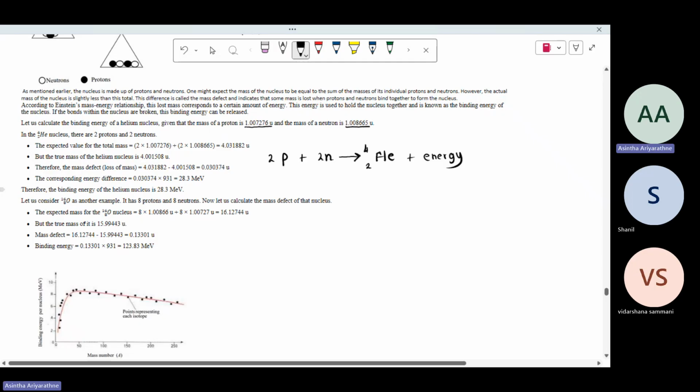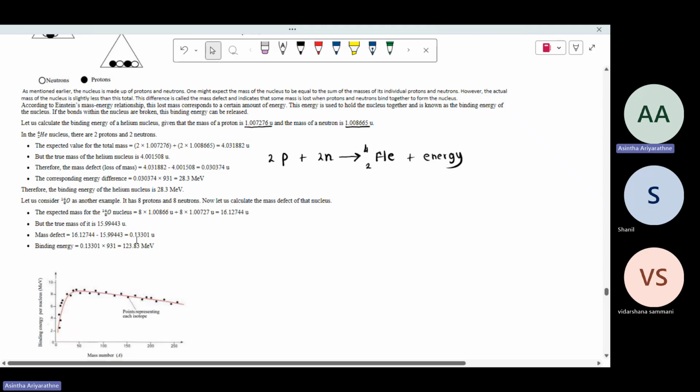So this is another example, about oxygen. Oxygen-16 has 8 protons and 8 neutrons. Here also the expected mass is 8 times the mass of a neutron plus 8 times the mass of a proton, which is around 16.12. But the true measured mass of this oxygen-16 isotope is 15.99.